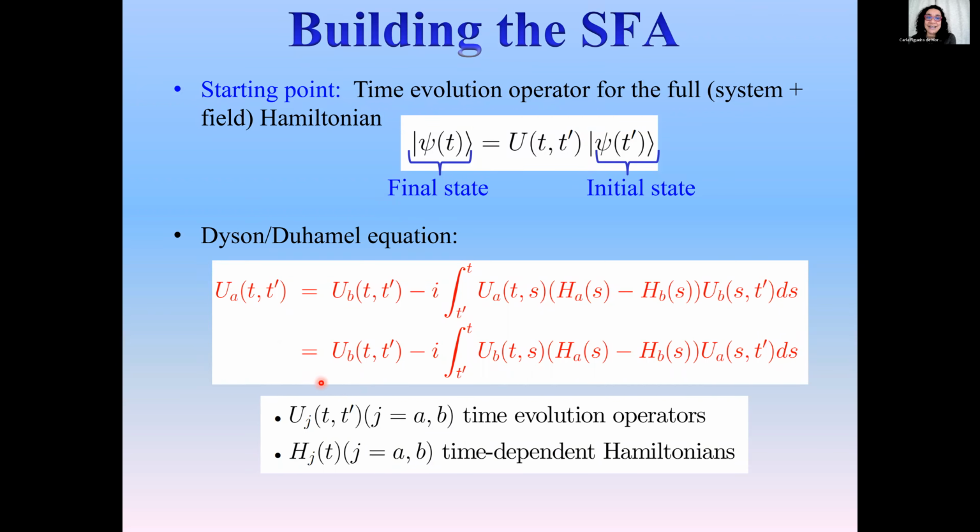And you can write this in terms of an integral equation. Here I can choose A and B as time-dependent Hamiltonians, and I have U_j, where j is A and B, which are time evolution operators associated with those Hamiltonians. And this is in fact how we build perturbation theory, normally, the one that I said doesn't work.